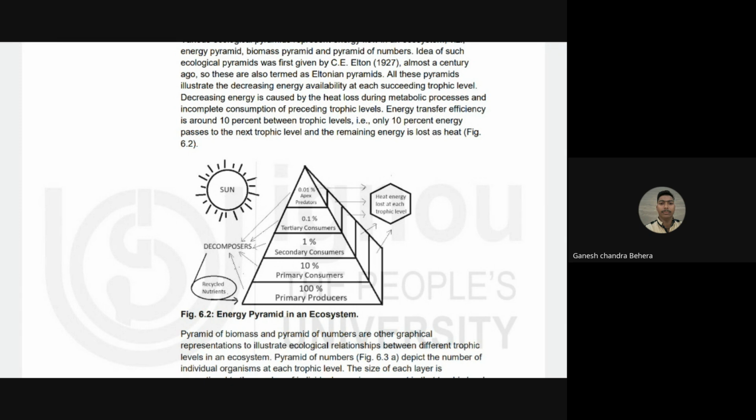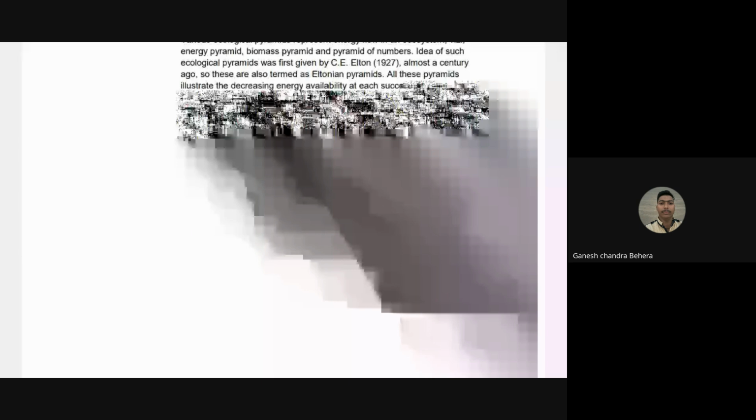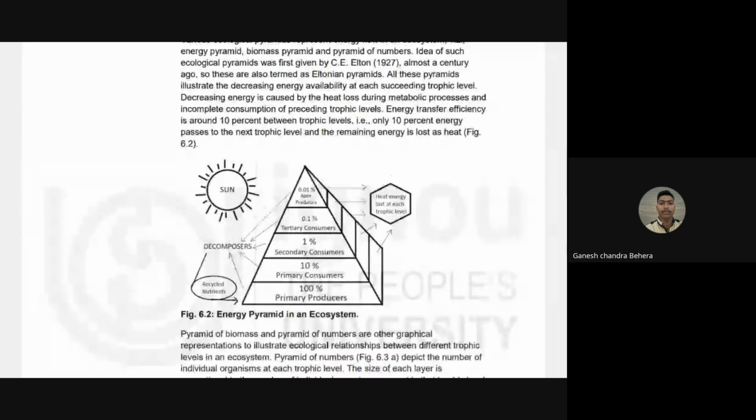Let's suppose grasshoppers are consuming the grasses, they consume only 10% of the energy from the producers. When we go into the secondary consumer level, you will have only 1% of the energy. Likewise, at the tertiary consumer level you will have 0.1%, and at the apex predator level they will have 0.01% of the energy.